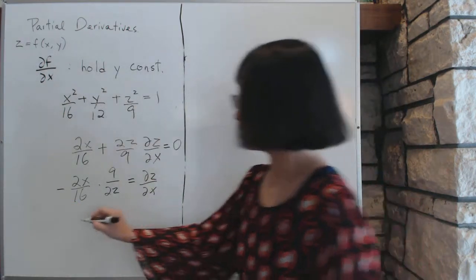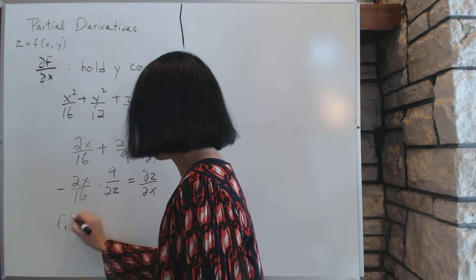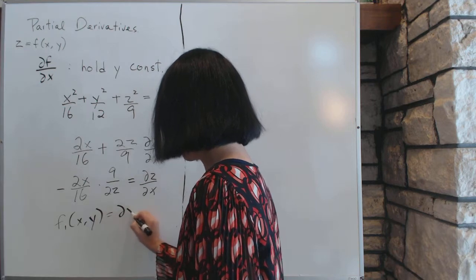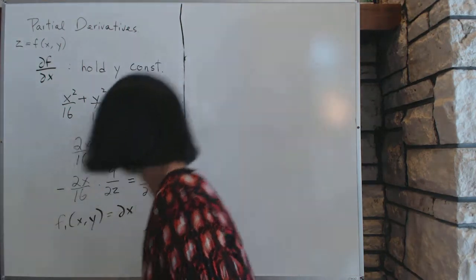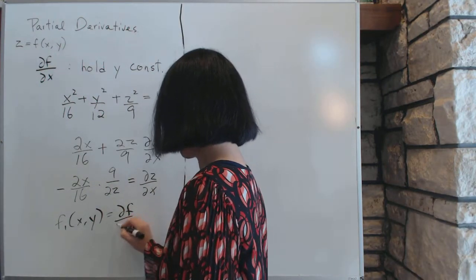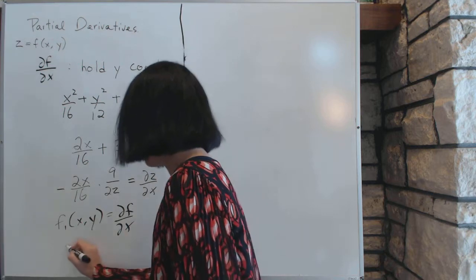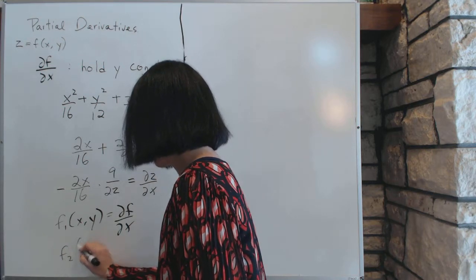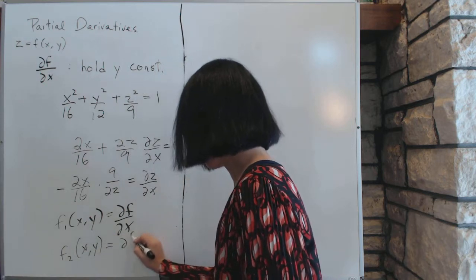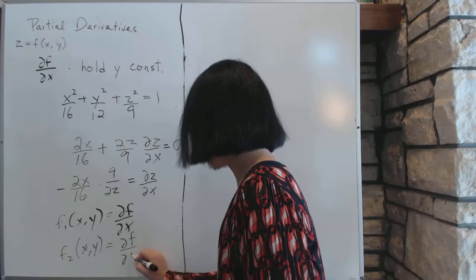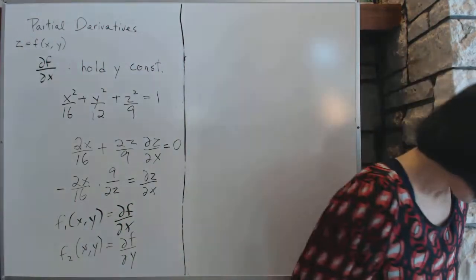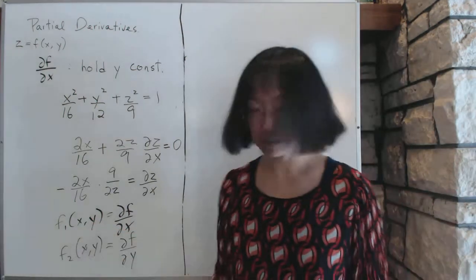This is a shorthand: f1(x,y) is the same as partial f over partial x, and similarly f2(x,y) is partial f over partial y. So that's just another way of writing the same thing. Some people think that looks neater.